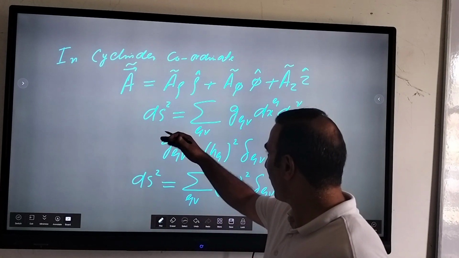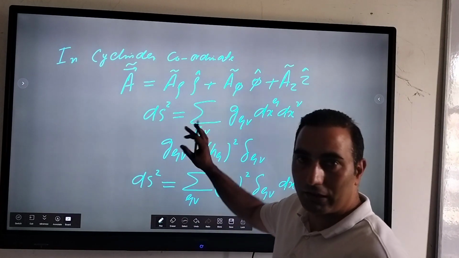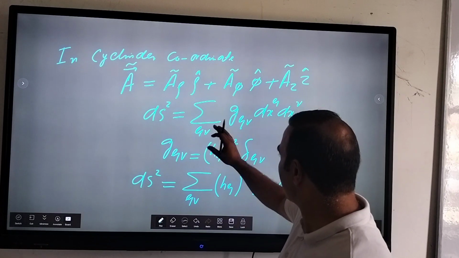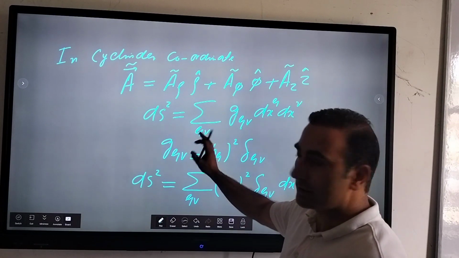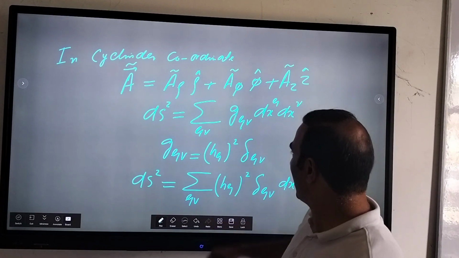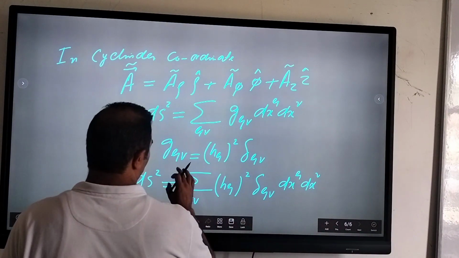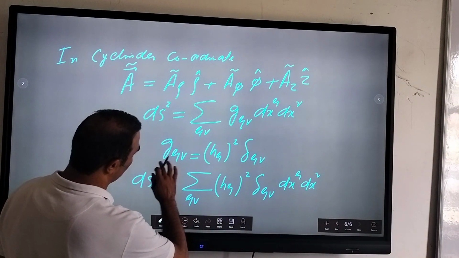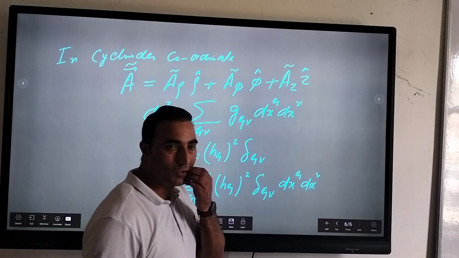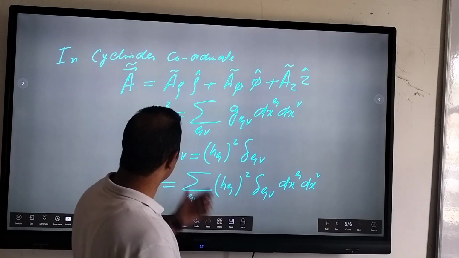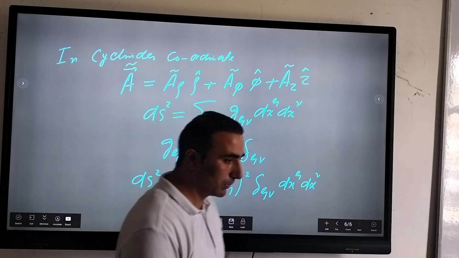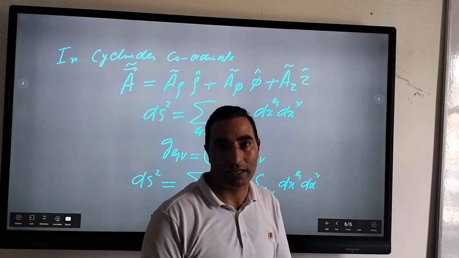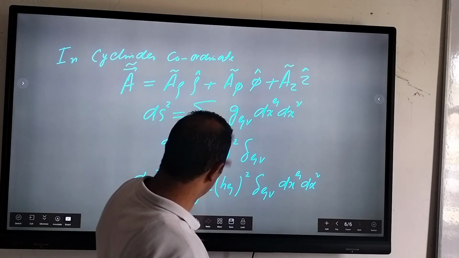In addition, I put here a summation, which indicates that by Einstein's summation convention you are adding them. Okay. And then I put this Minkowski matrix in terms of the square of the length. So this matrix indicates the square of the length, and that's h mu square.